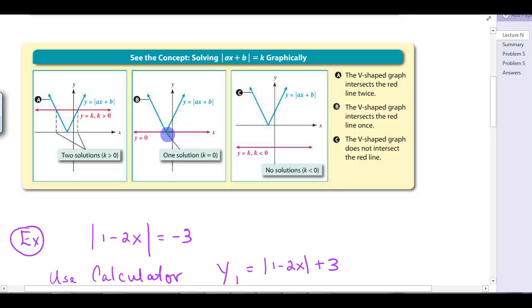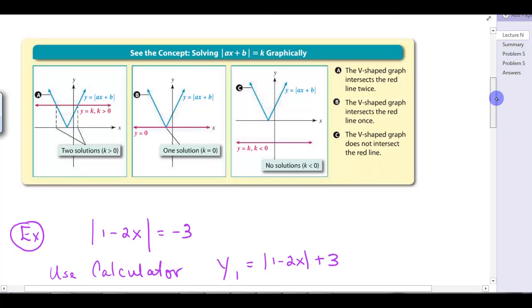You could have one solution where it goes down and touches the x and goes back up, or you could have no solutions when you're up in the air and it doesn't intersect the red line. Okay, so you'll see that when we start working these problems. So either two solutions, one solution, or none.